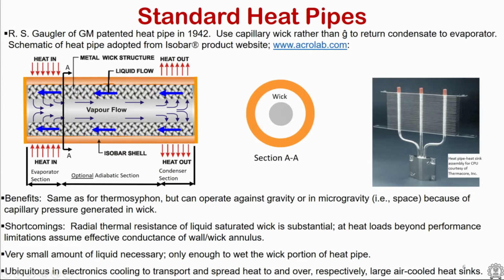The wick is annular to the pipe essentially, and the central core of the pipe is the space allowed for the vapor to move from the evaporator end, where the heat is dumped into the heat pipe. The vapor is condensed at the condenser, and the liquid that is condensed is brought back to the evaporator by the capillary action here.